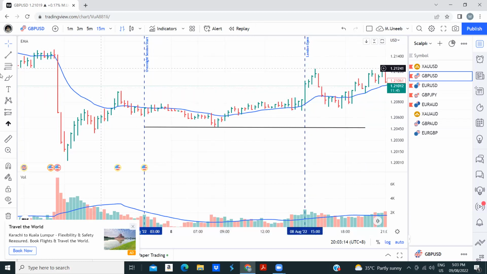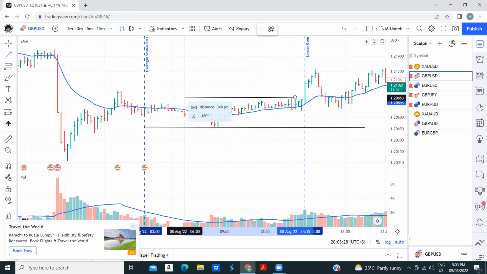And then tell me the overnight high. What is the highest point between this one, or maybe this one? This one is the highest point, right? Because the low has already formed. Am I right? Yeah.